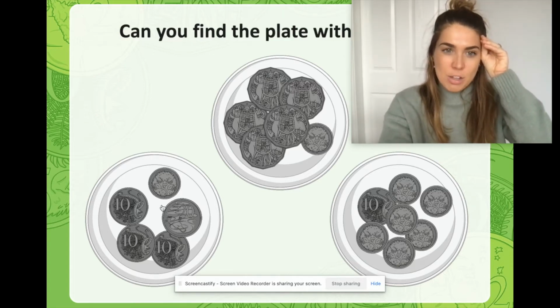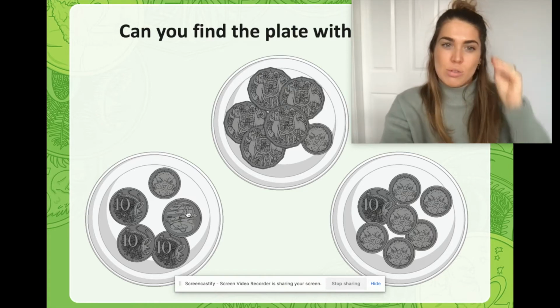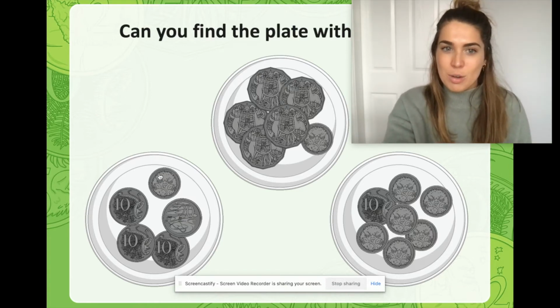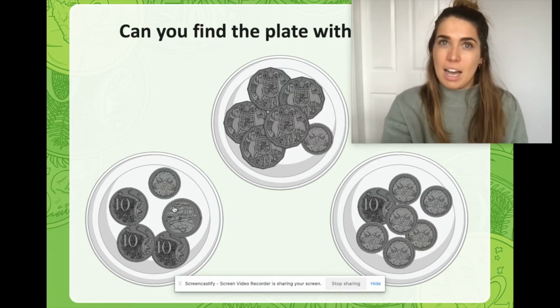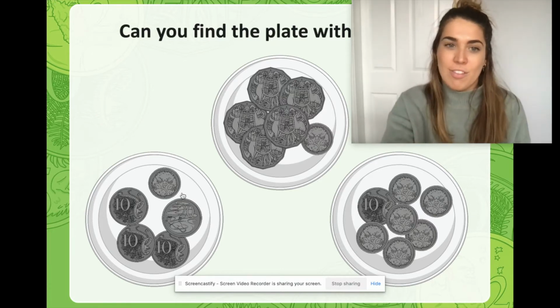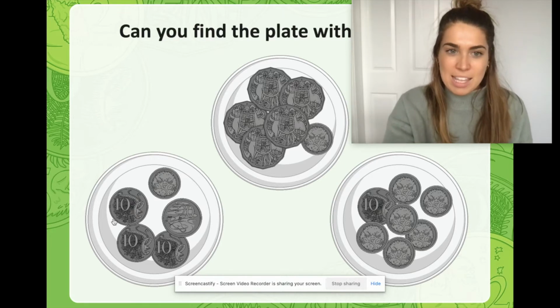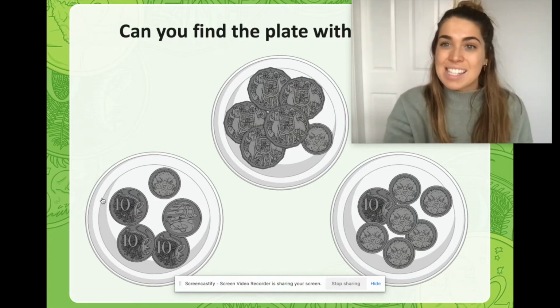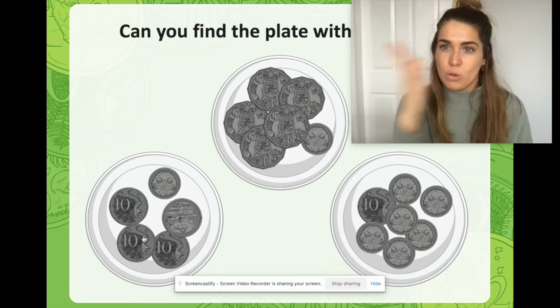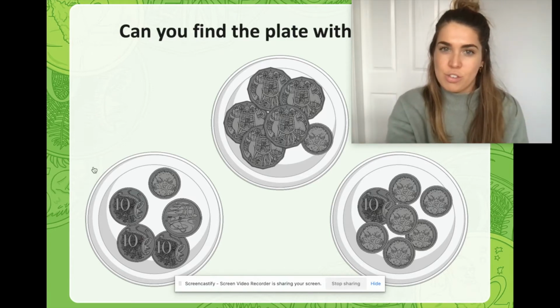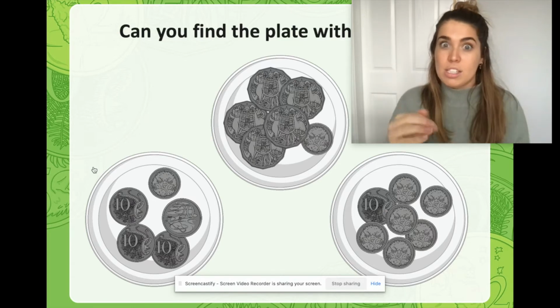Now I need to add on that last 5. You can either do 50 plus 5 in your head to work out the amount, or you can think of your skip counting pattern. After 50 comes 55. That means in this plate, there's 55 cents because I haven't quite made 100 cents yet to call it a dollar. Once I get over 100 cents, I have some cents and some dollars.